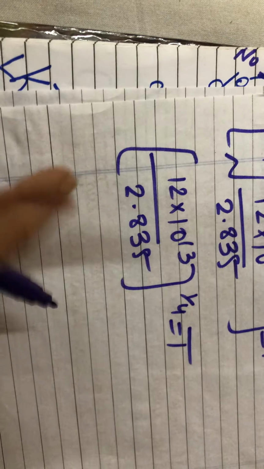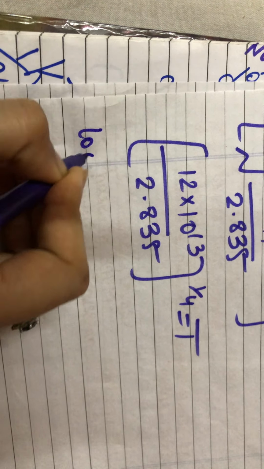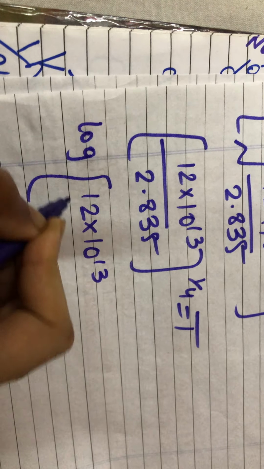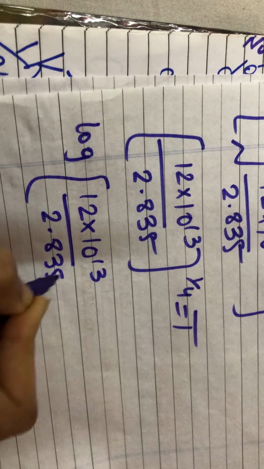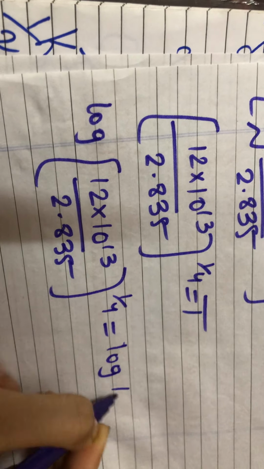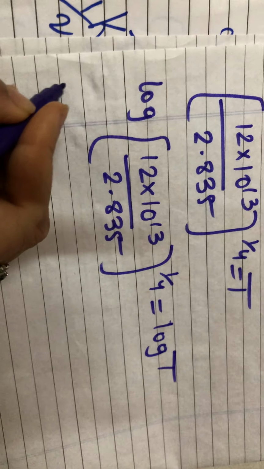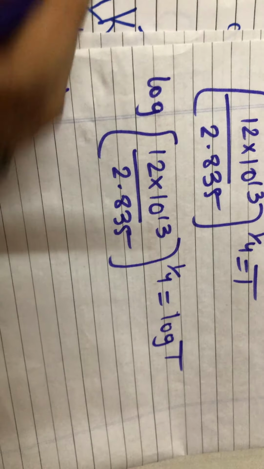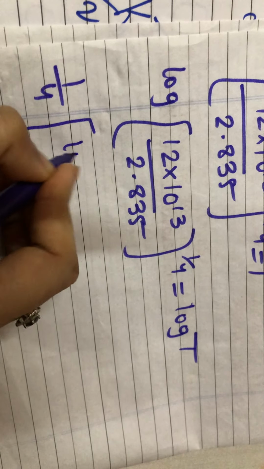Now I will be applying log. If I apply log on the left hand side, it becomes 12 into 10 raised to 13 upon 2.835, raised to 1 upon 4, and similarly I will be applying log on the right hand side. Since it is raised to a power, it will come in front of the log and we'll open the log.